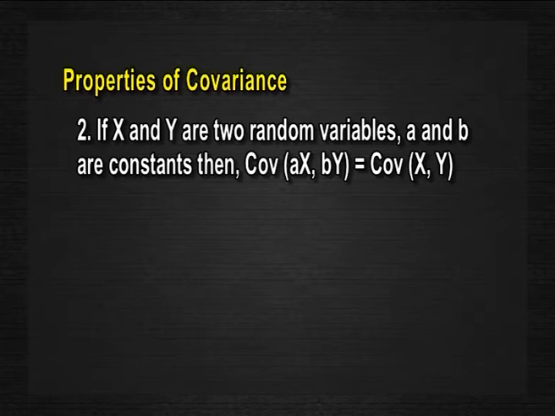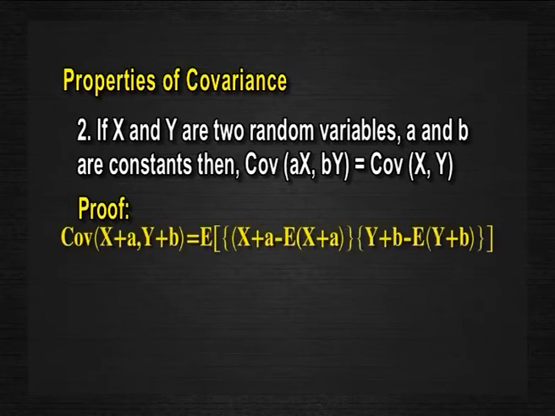If x and y are two random variables, a and b are constants, then covariance of x plus a and y plus b is equal to covariance of x, y. To prove this property, consider the left hand side. Covariance of x plus a and y plus b is equal to expectation of (x plus a minus E of x plus a) into (y plus b minus E of y plus b).